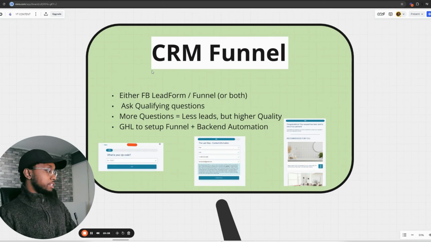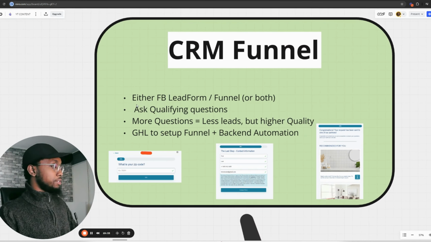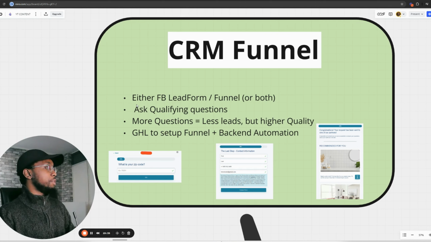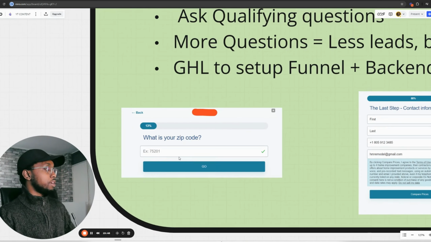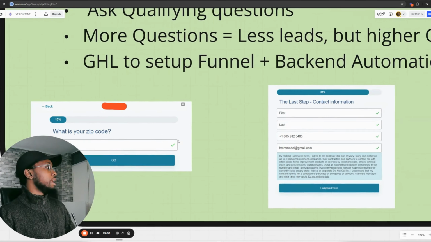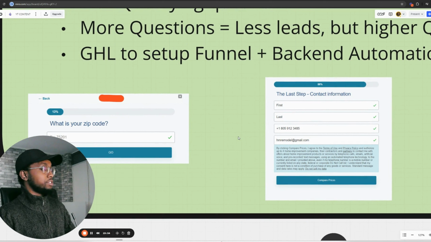So let's get on to the CRM funnel, which you can do either by, as I already mentioned earlier, a Facebook lead form or a funnel, or both, which I highly recommend. In the lead form or in the funnel, you can ask qualifying questions. So this is, for example, the first question, right? You want to get the zip code. And then after that, you can have more qualifying questions in between.